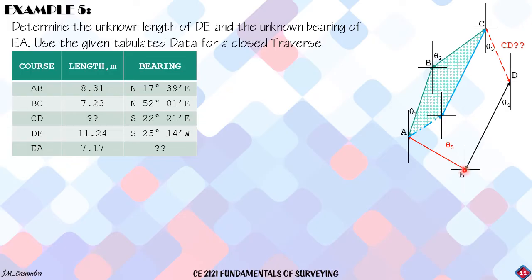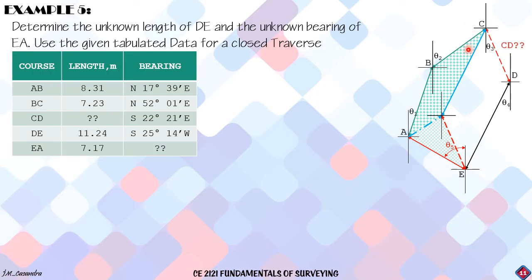So in order to have a triangle form, we also move one of the unknown sides or unknown lines to a secondary position. From this example, we can move this line CD to a secondary position. So we have here now a new triangle form.